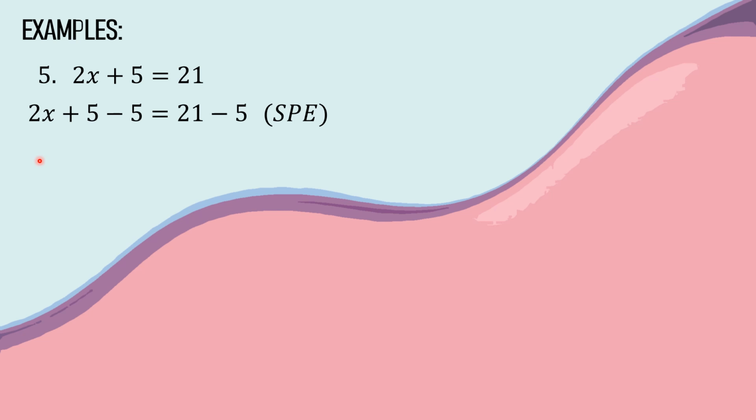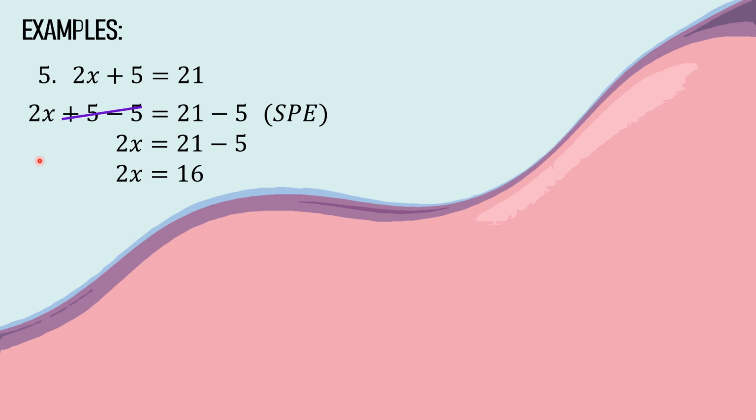So this will become 2x plus 5 minus 5 equals 21 minus 5. Again, kung ano yung ginawa nyo sa kaliwa, ganun din yung gagawin nyo sa kanan since we are talking about equation or equality. So let us cancel positive 5 and negative 5. So magiging 2x equals 21 minus 5.